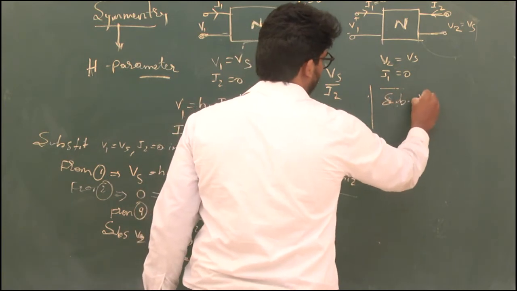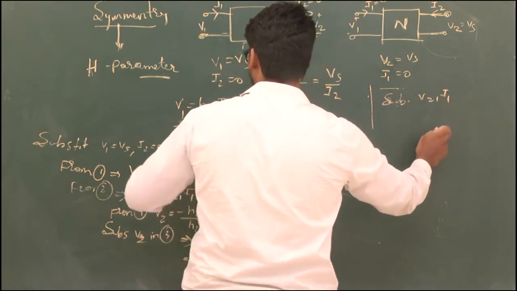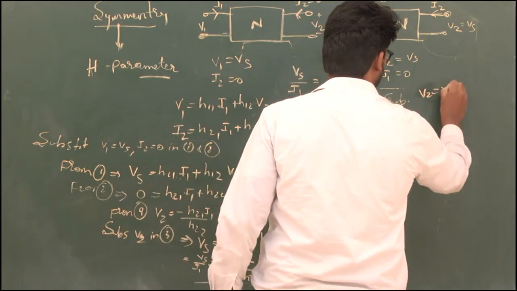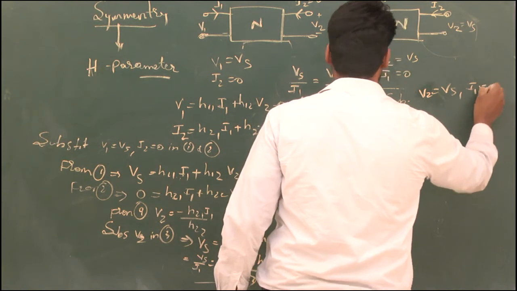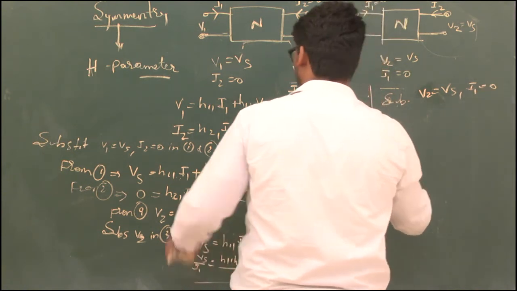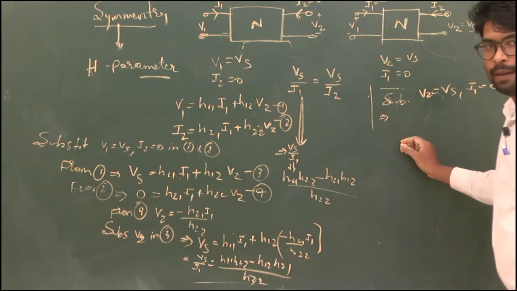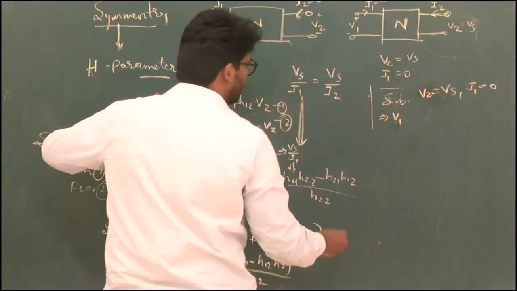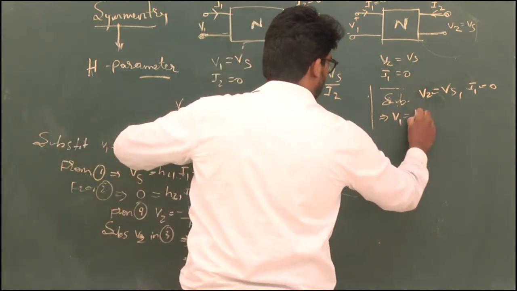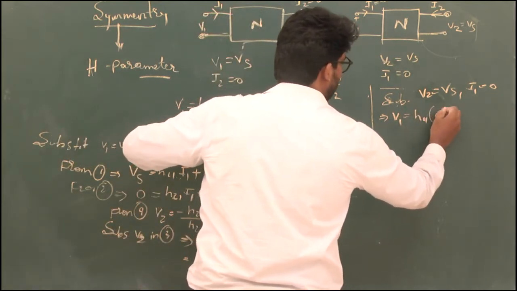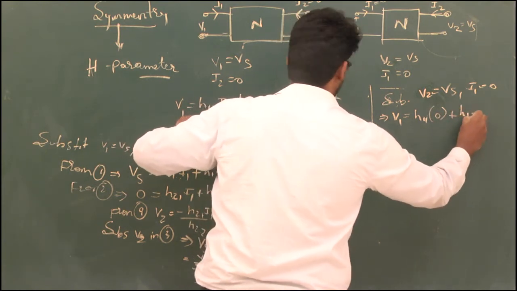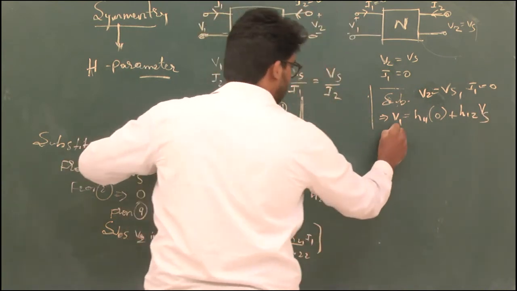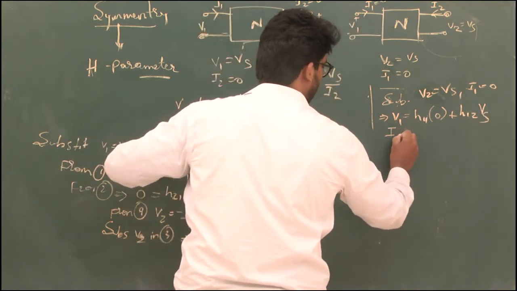Now substitute the same in equations 1 and 2, that is V2 equal to Vs and I1 equal to 0 in these equations. So from equation 1, V1 is replaced and H11 I1 is 0, plus H12 V2 is Vs, and I2 stays like that.